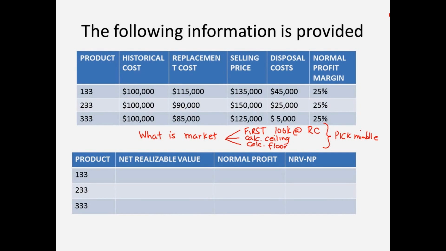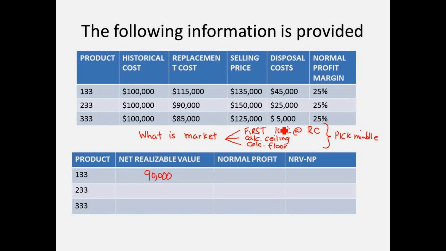So even though it would cost me $115 to buy this product, I can only sell it for $90,000 after my cost of selling. So right off the bat, 115 doesn't seem like a useful number anymore. All right, how about for the second product?